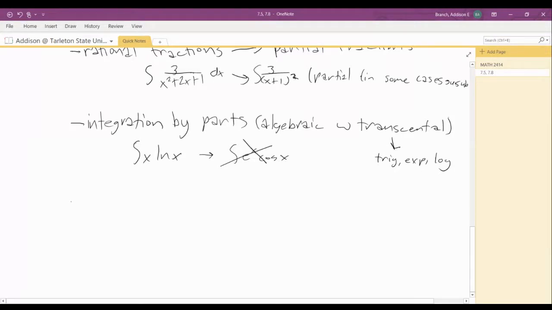Then of course we have radicals. Now there are actually two different ways you can work with this. If you have some sort of an x squared and some sort of an a squared in there, you are going to do a trig sub.